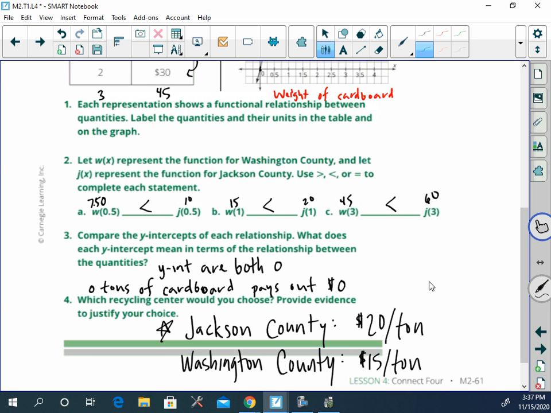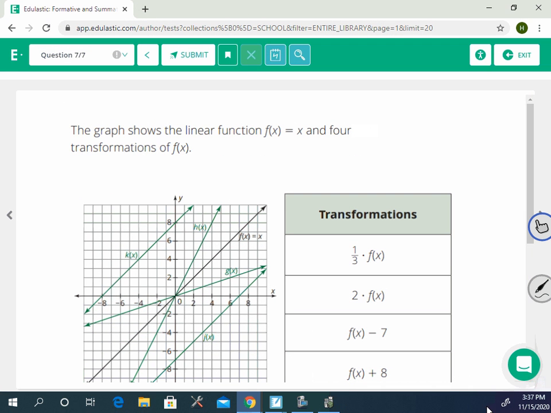So what we have right now, we've got our book work done. You need to make sure that you finish and submit this edge elastic. You can check answers, hit submit when you're done. And then we've got Mathia. You should be 10 workspaces into your Mathia.